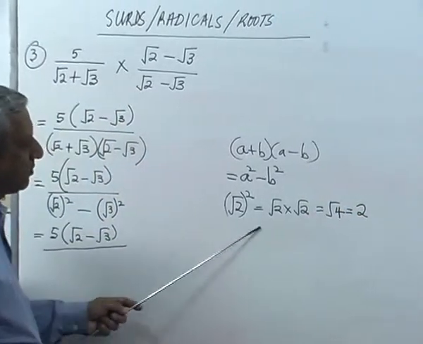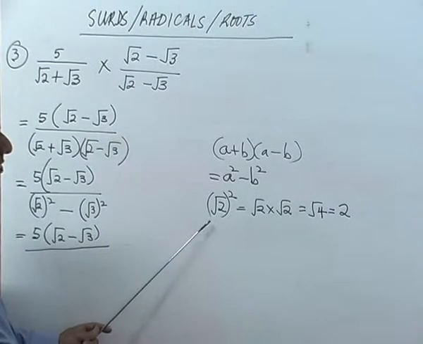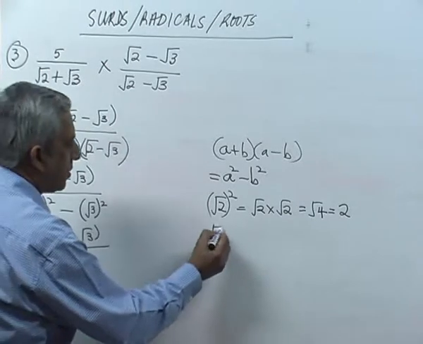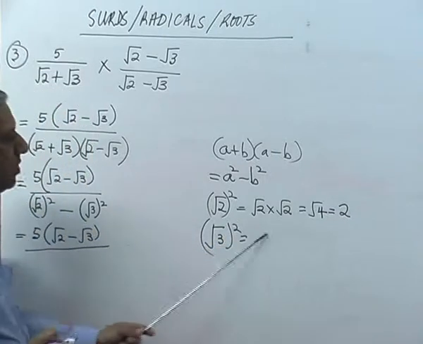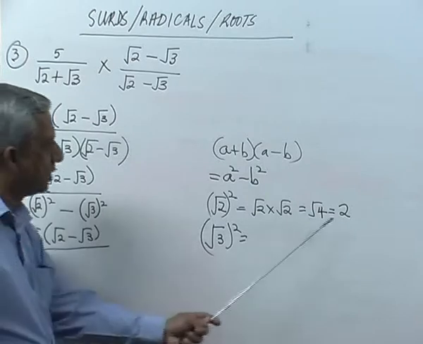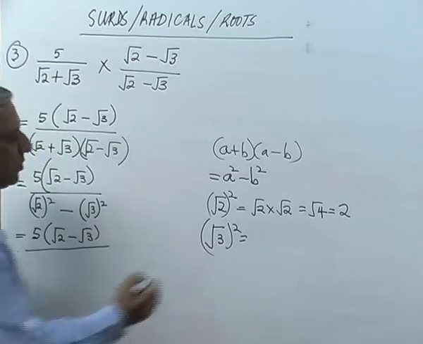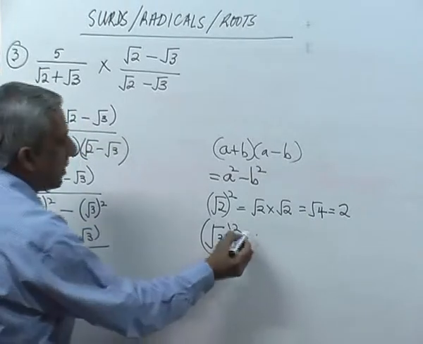Therefore, instead of doing all this working, we can come to a conclusion that square root of 2 squared is 2. And therefore, square root of 3 squared, instead of me doing all that working, just like how that one works out to be 2, this one will work out to be 3. Well, maybe you don't trust me. Well, let's see.